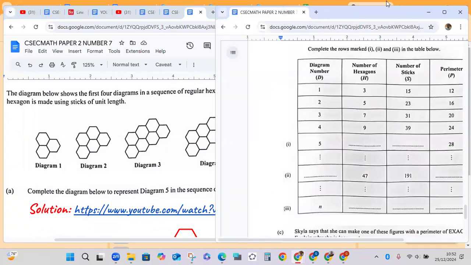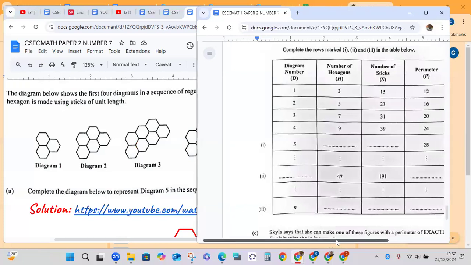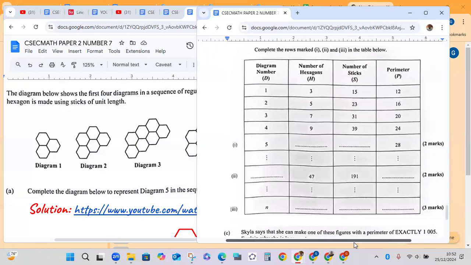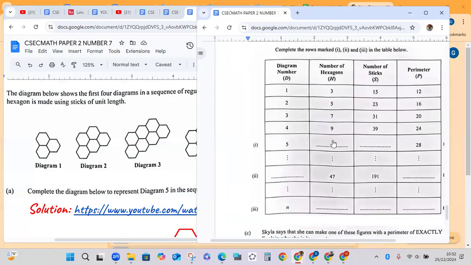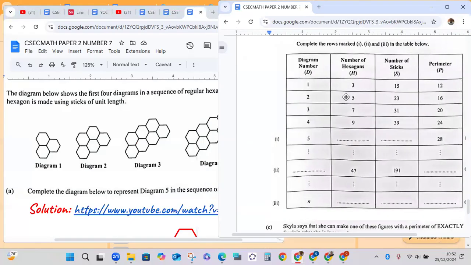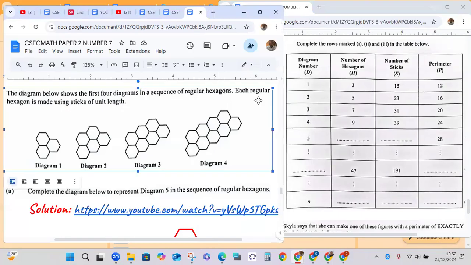And for 2 it is 5, 23, and 16 respectively. And for 3, 7, 31, and 20. And 4 now is 4, 9, 39, and 24 for figure 4.